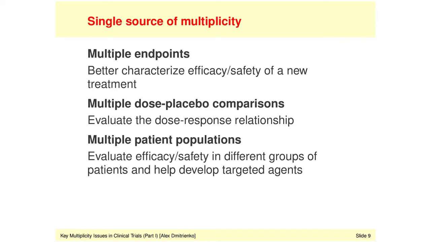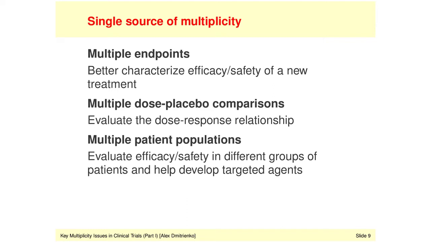Patients in these subpopulations, and I must say those subpopulations must be predefined, are expected to experience a greater benefit from the treatment than patients in the general population or in the complementary populations, and as a result, analysis of those multiple patient populations introduces multiplicity.